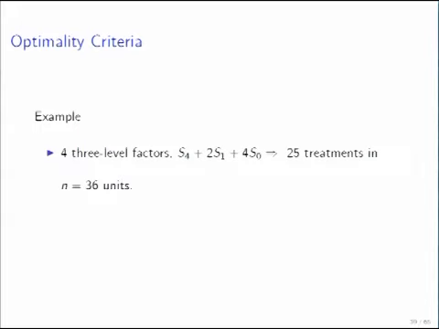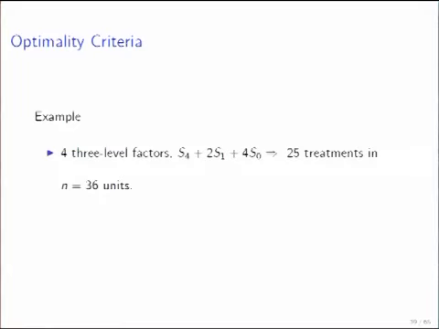For example, suppose we have 4 factors with 3 levels and this treatment set. S4 means the part with 2 levels for each factor, so 16 points for 4 factors.